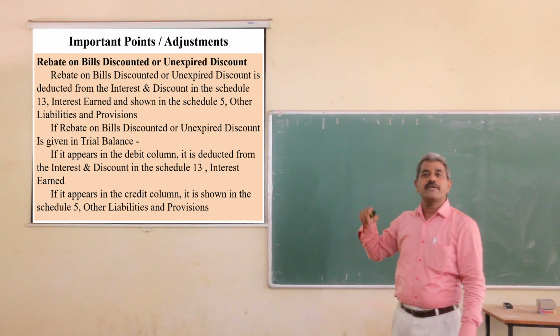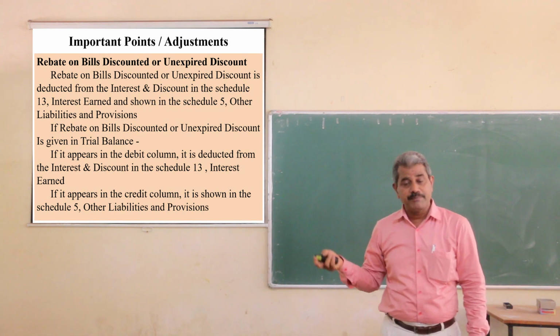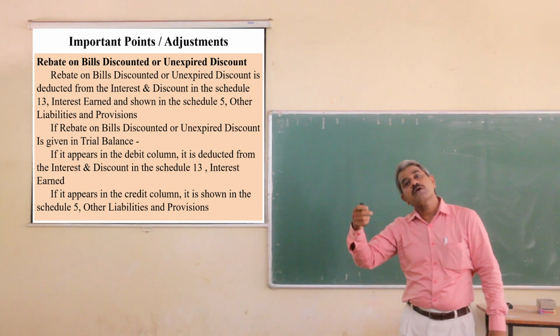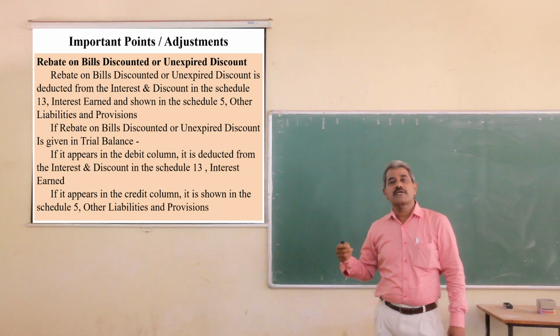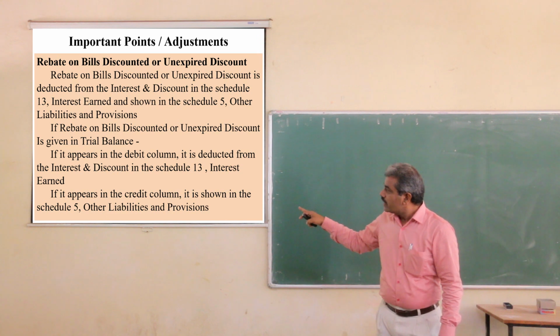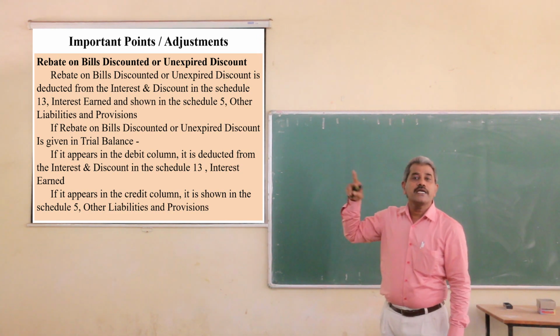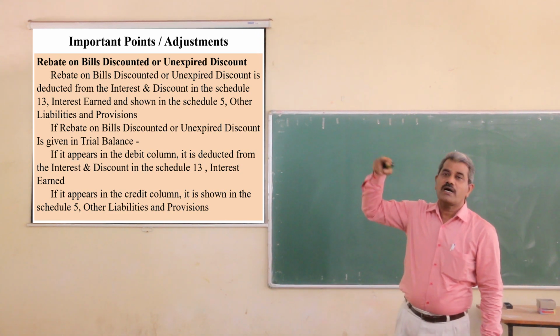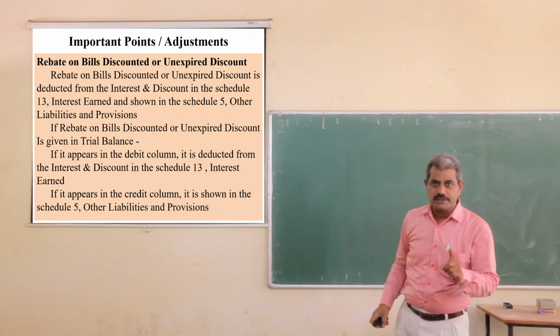And if it appears in the credit column of the trial balance, then it should be shown in schedule number 5, other liabilities and provisions.